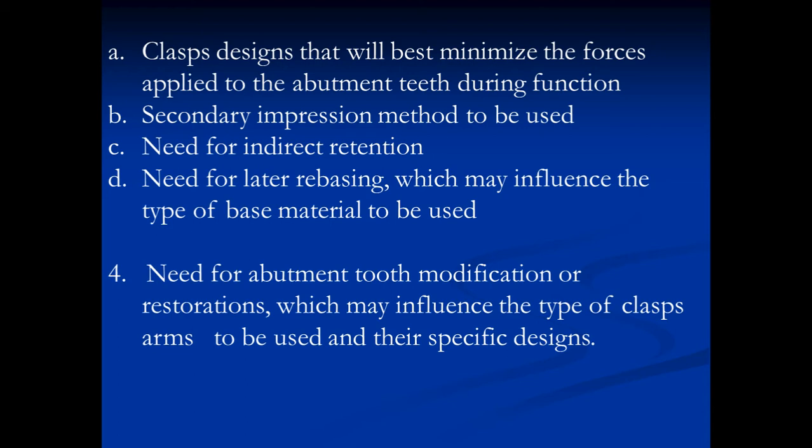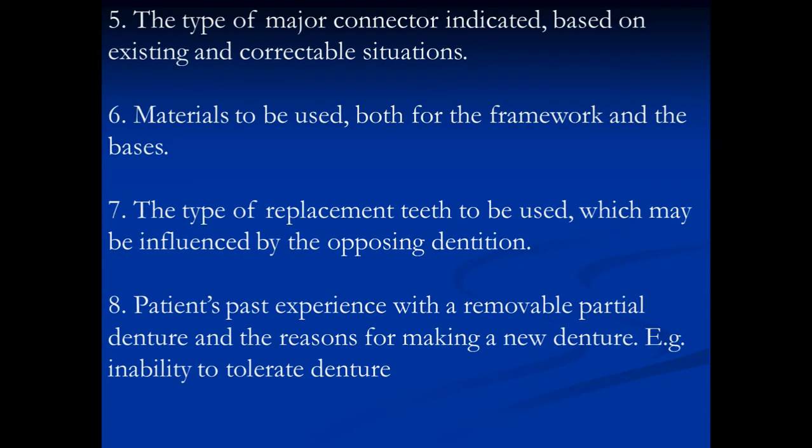We are supposed to modify the contour of the tooth by giving a crown, something like that, or an onlay. So we can change the contour of the tooth so that it suits better for that particular type of direct retainer. All these factors we have to consider whenever we are designing a removable partial denture.